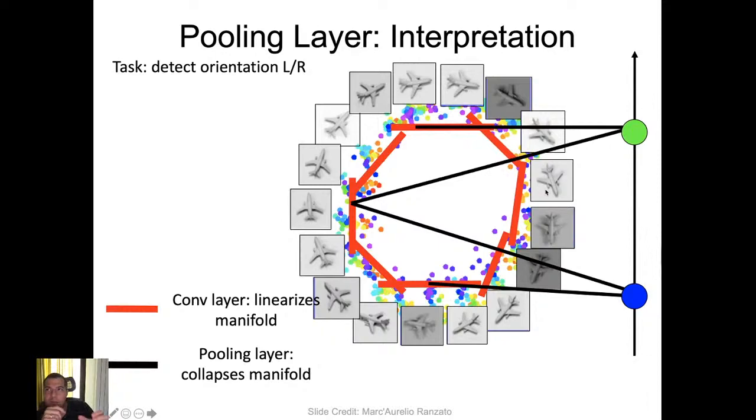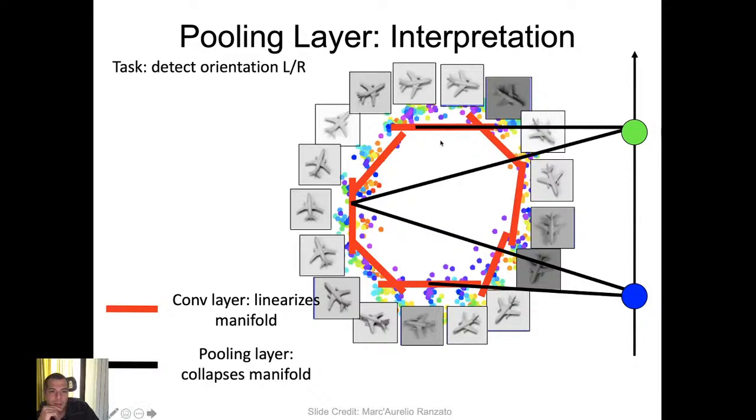It's kind of the same filter, but it has a different orientation. So this airplane will be projected to a different manifold. And when you apply the pooling layer, you increase your robustness to the location, to the scale, and also to the rotation, so all affine transformations.